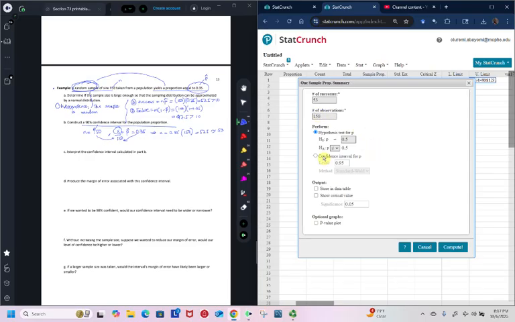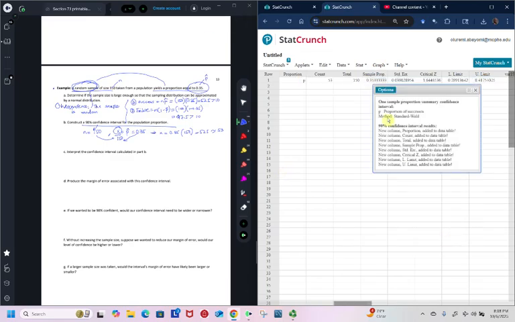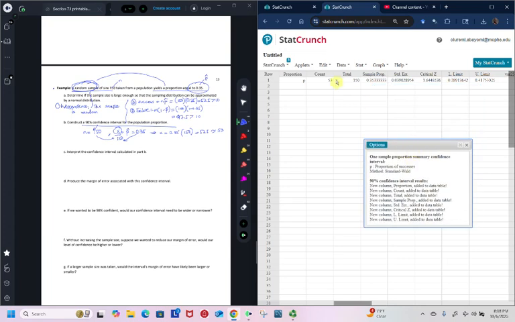I'm going to look at the confidence interval, and I want 0.90 for a 90% confidence interval. I like to store the result and the critical value if I want, and compute. So here I have the values. The lower limit is 0.289. So my confidence interval here is 0.289 to 0.418. That is the 90% confidence interval.